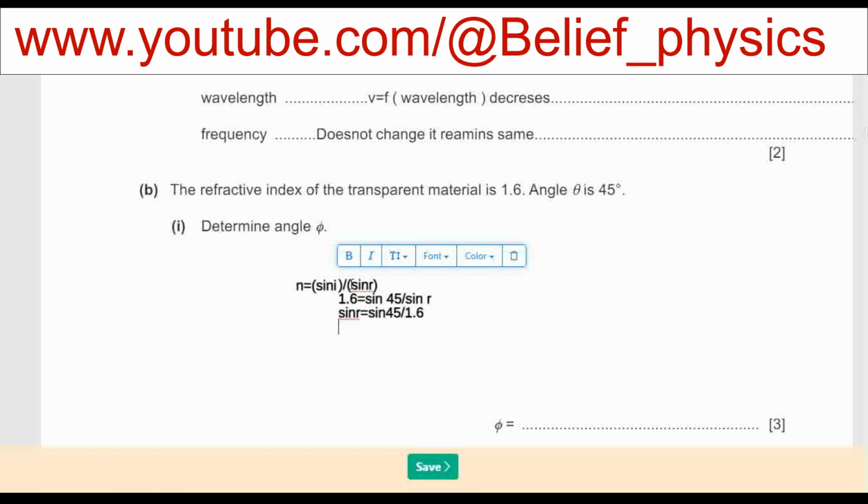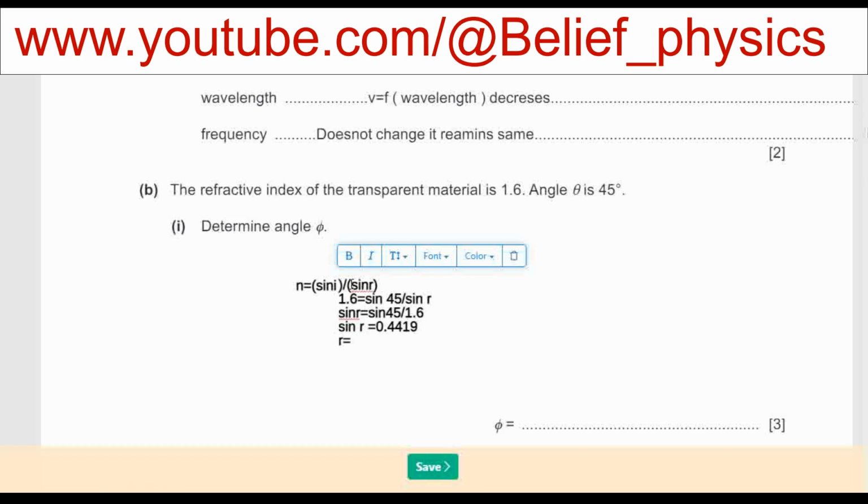By using a calculator we get 0.4419. We have to find r. So r is equal to sine inverse of this.